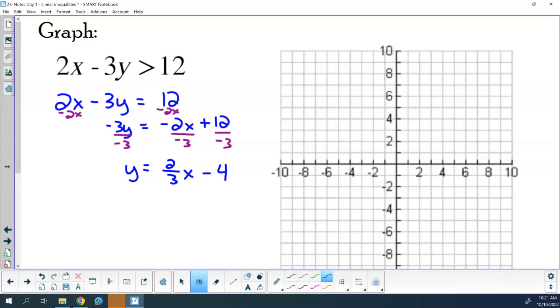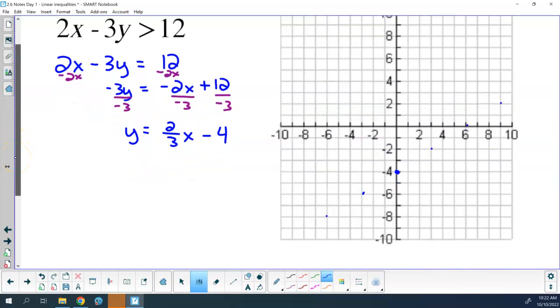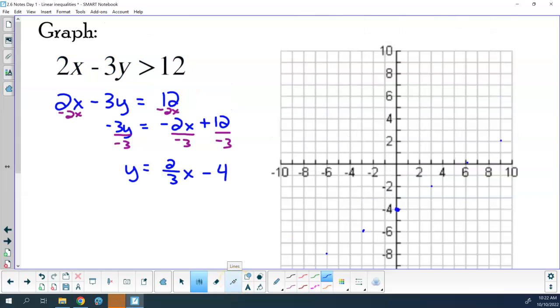So that gives me a y-intercept of negative 4. And the slope of positive 2/3 is up 2 and right 3. Or down 2, left 3. Solid or dashed line? This one's a dashed line.